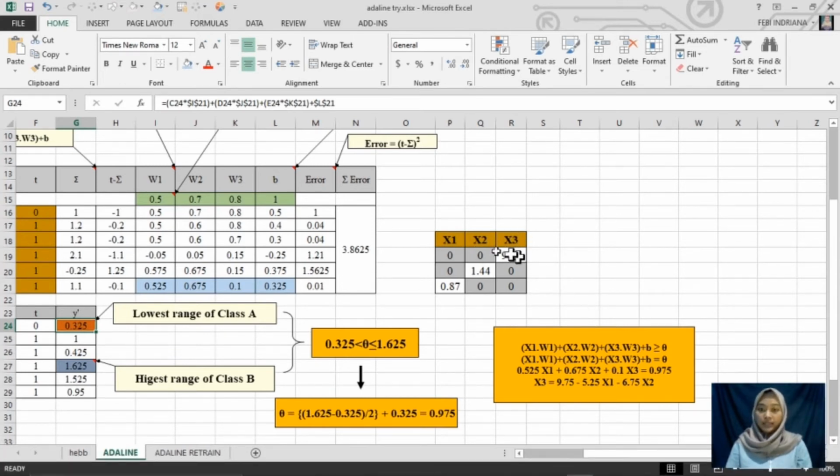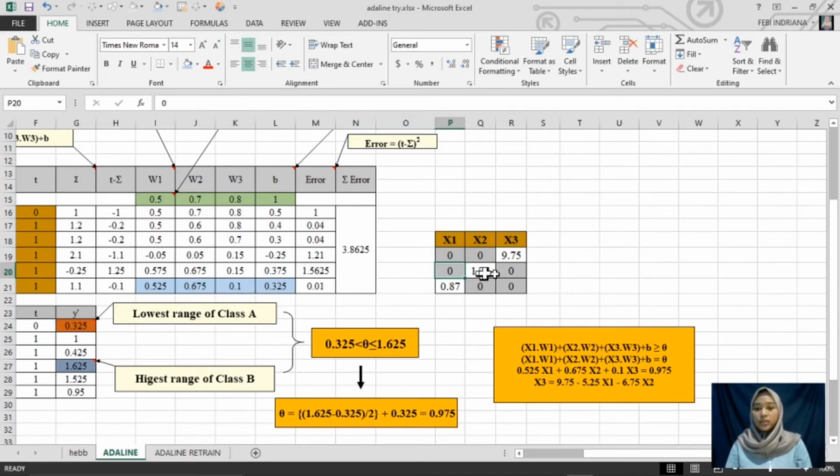In this case, I take two coordinates at the beginning: x1 and x2 equal to 0. If we use this equation, we obtain that x3 is 9.75.